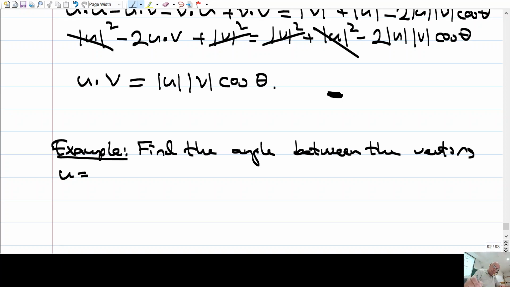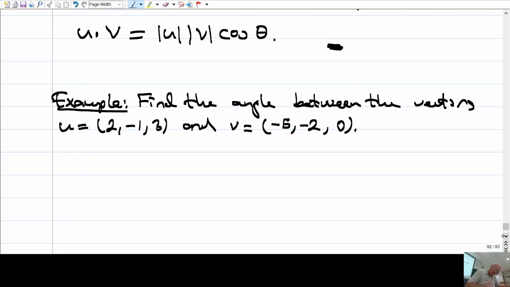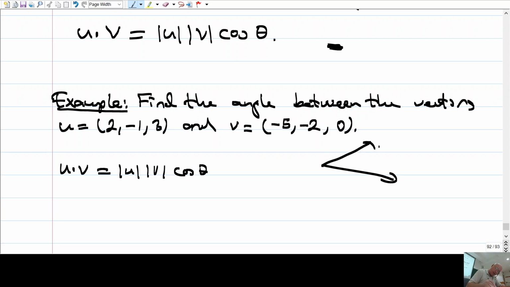Let's say u is (2, -1, 3) and v is (-5, -2, 0). So we know that u dot v is just norm u norm v times cosine theta, right? If these are the vectors u and v.